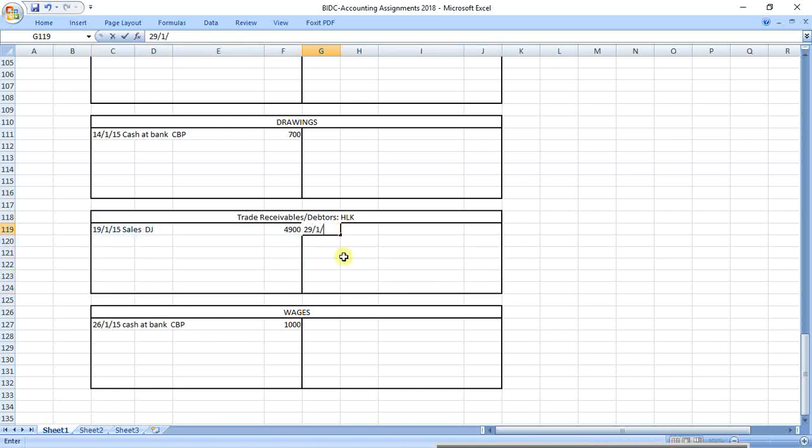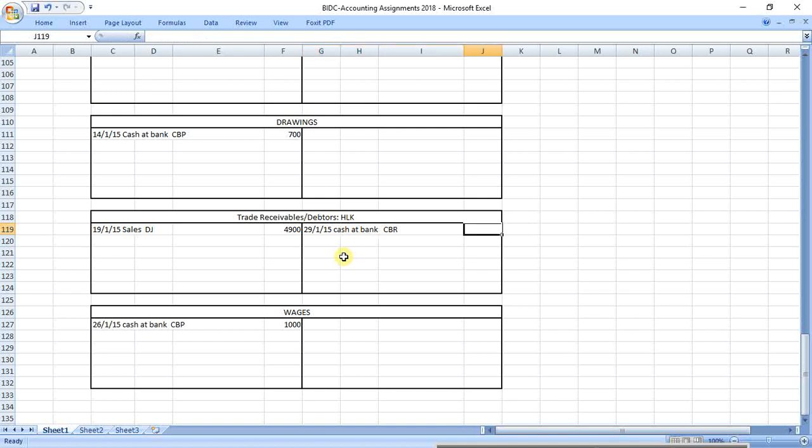So can we reference as CBP? CBP, no, it's not a payment, it's a receipt. CBR. Okay. Oh, sorry, yeah. Because you're receiving money from a debtor. Okay, so a receipt from a debtor would do what to this account? Decrease the account. Yeah.